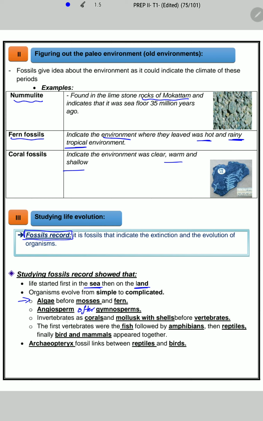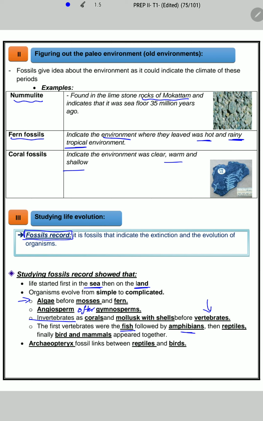The invertebrates, the living organisms without a vertebral column or a backbone, such as corals and mollusks with shells, appeared before the vertebrates, the living organisms which have a backbone. The first vertebrate created was the fish.